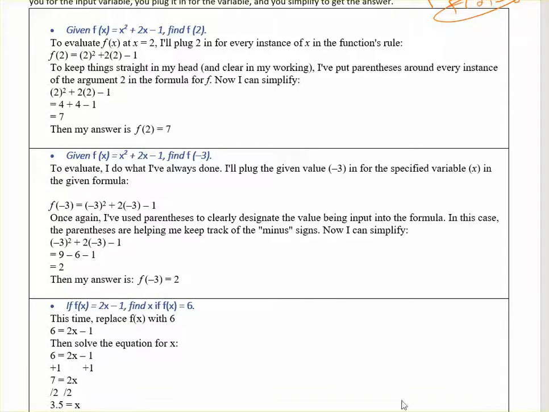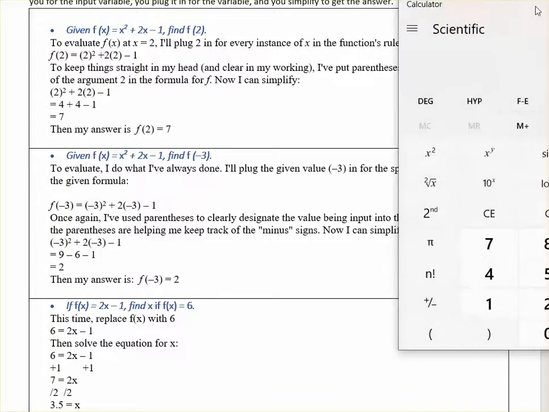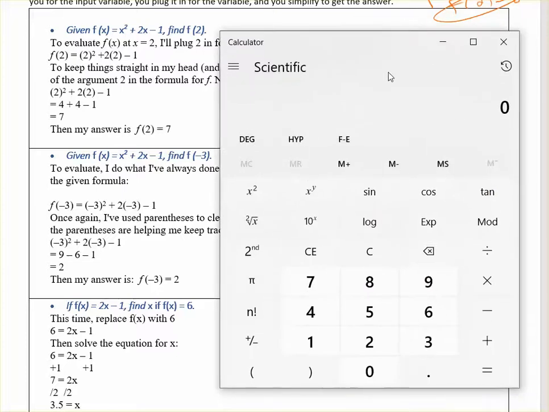What I mean by your calculator might lie to you is, depending on the calculator you're using, if I just type in negative 3 and square it, some calculators will know that I mean negative 3 times negative 3. This one does. It did it correctly.